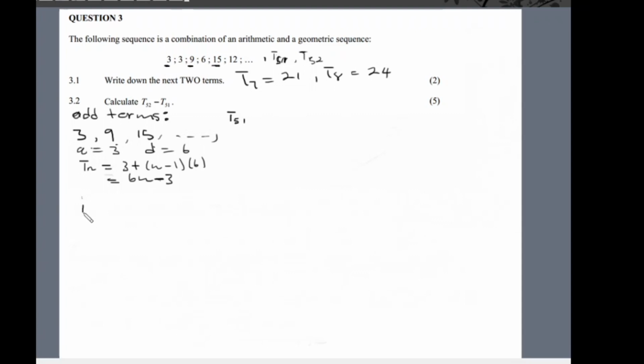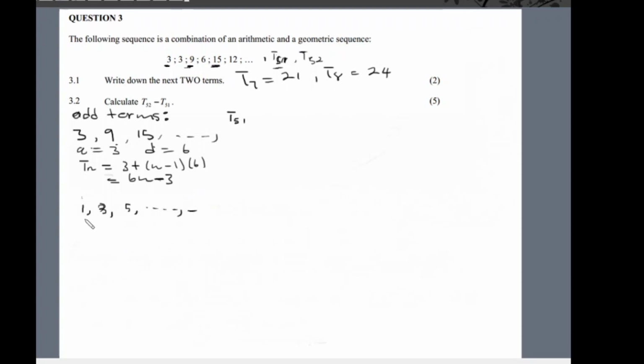So when we go to position 1, we find a term of the arithmetic sequence. When we go to position 3, we have a term of the arithmetic sequence, and when we go to position 5, a term of the arithmetic sequence, and then again position 51 is a term of the arithmetic sequence, but then we don't know its position, right? So I want to find the position of T51, that is, which position T51 is in this arithmetic sequence.